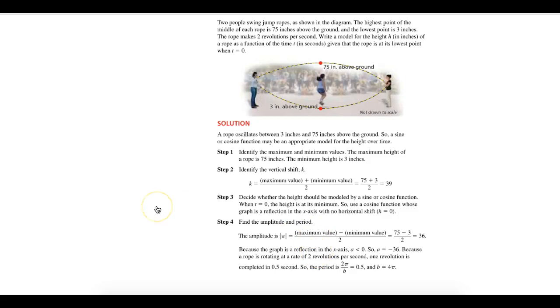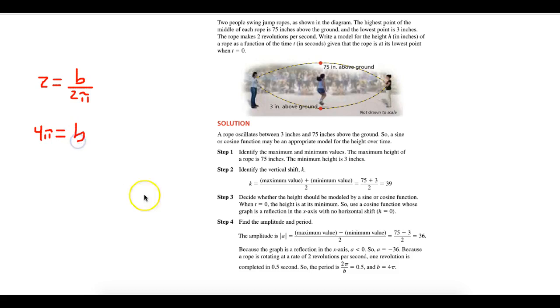So remember, we talked about how the frequency is just equal to b over 2 pi. So we get 2 equals b over 2 pi. And if we isolate b, we multiply both sides by 2 pi, we get a b value of 4 pi.